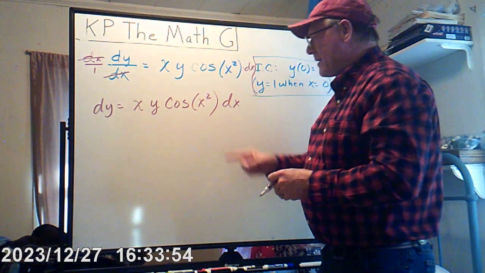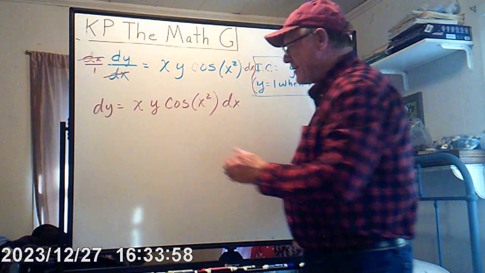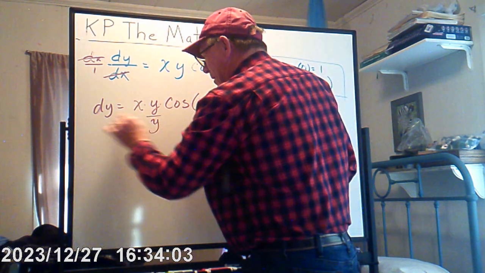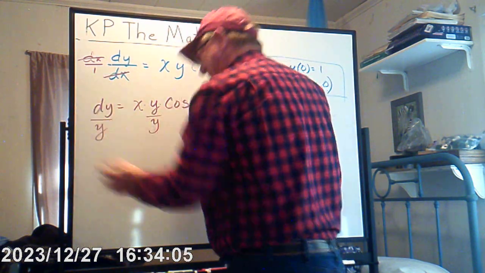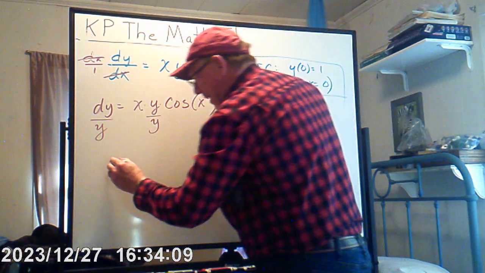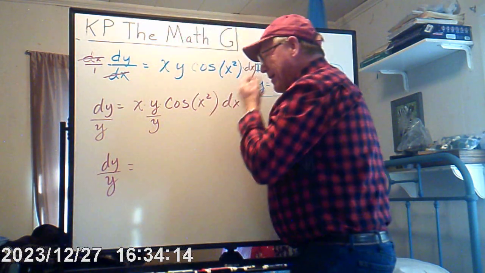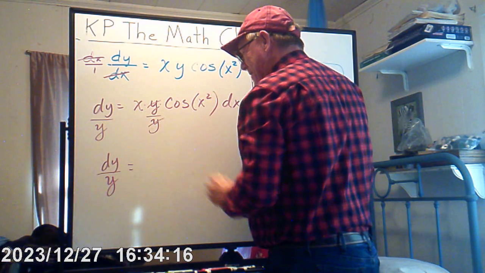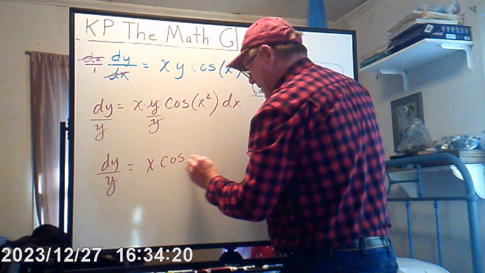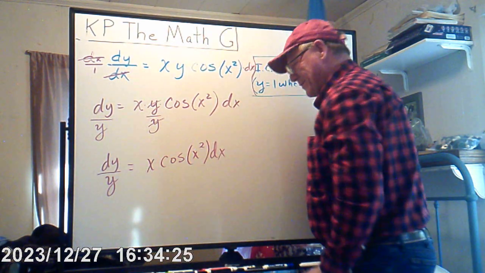X's together with dx, that's good. Let's get this y out of here. This is all times, so I'm going to divide both sides by y. My goodness, that's familiar to me, isn't it to you? dy over y is going to be x cosine x squared dx.